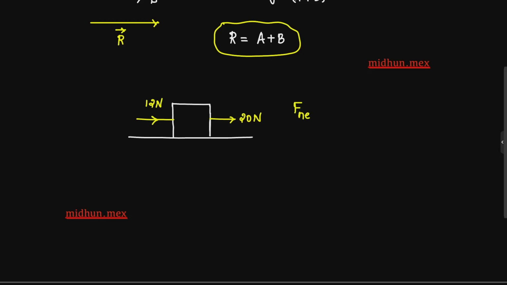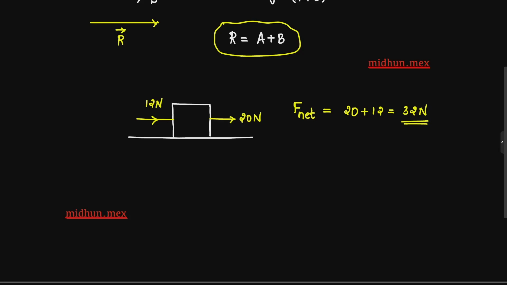Net means the summation of these values. So I want to add vector 20 plus vector 12. Since both are in the same direction, you apply the formula A plus B. So I can directly write 20 plus 12, and I get 32 Newton as my answer.